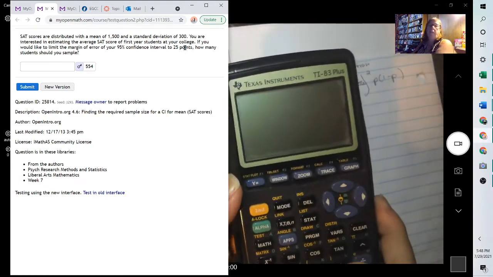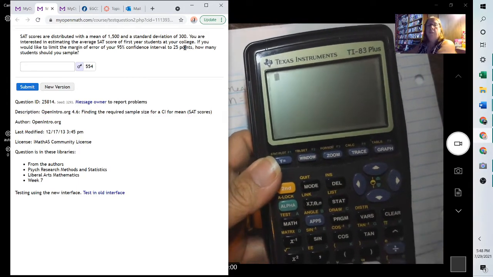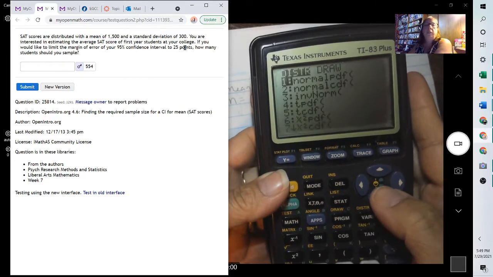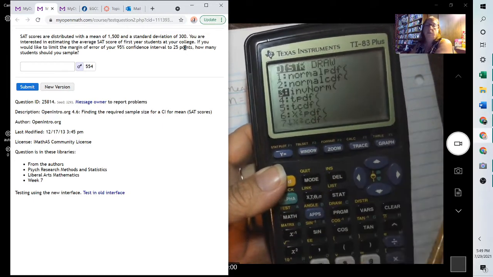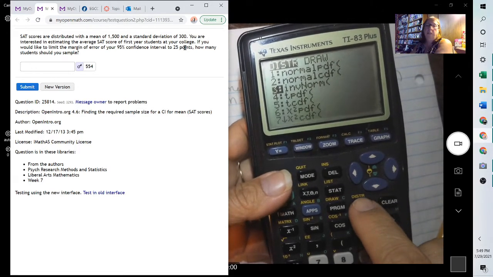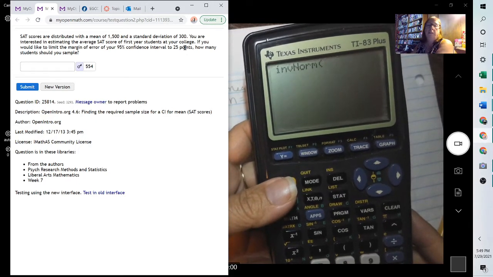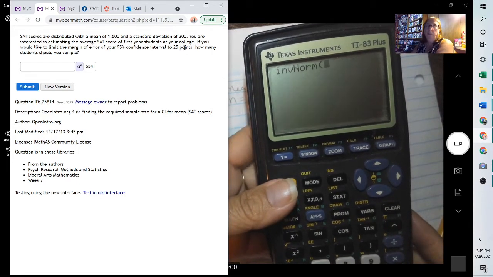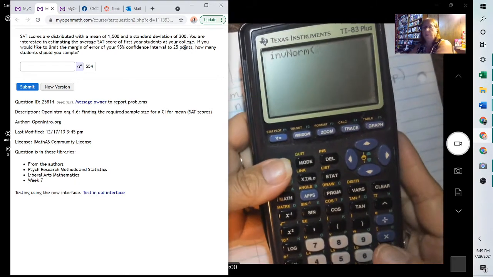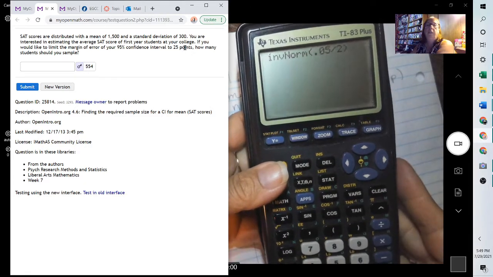To find Z alpha over 2, we go into distribution and down to inverse norm. So it was second and this button to get distribution, down to inverse norm, and hit enter. Then you type in your alpha over 2. We said alpha was 0.05, so put 0.05 divided by 2 and hit enter.